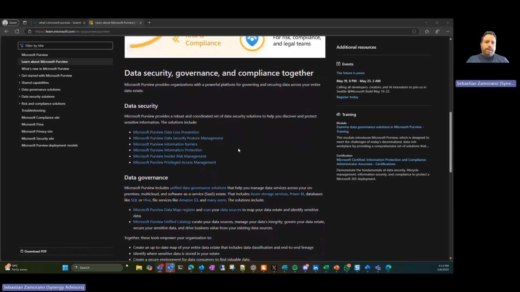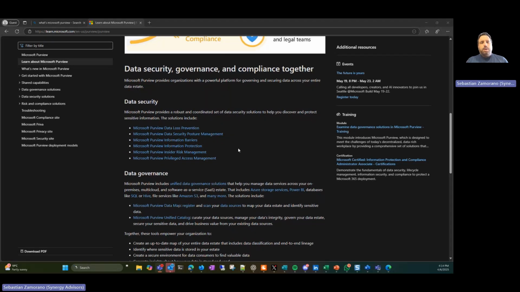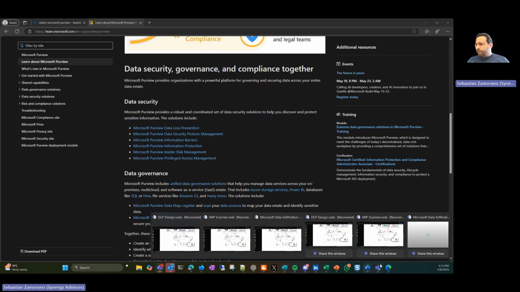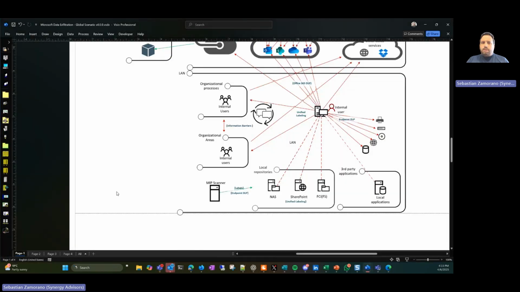And that is complicated, trying to explain to end users or customers what Purview means. For that same reason, today I will try to explain in another way how we can talk about Purview. Let me share this specific visual diagram that I have here, and we'll start discussing Purview.